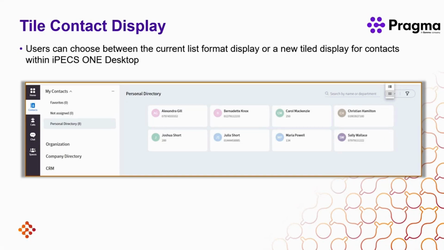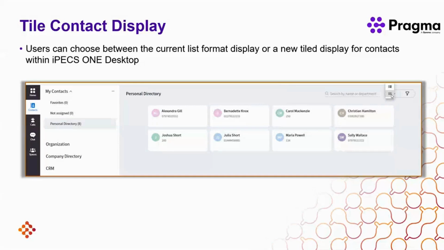Tile contact display. Something important to remember is that we will be moving to tile contact being the default contact display. Currently, within the iPECS 1 directory, this is in list format. But as of the cloud version 7 upgrade, we're changing all existing and all future iPECS 1 users to have this tile display for contacts as default.